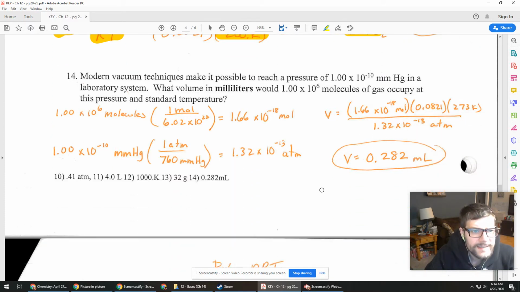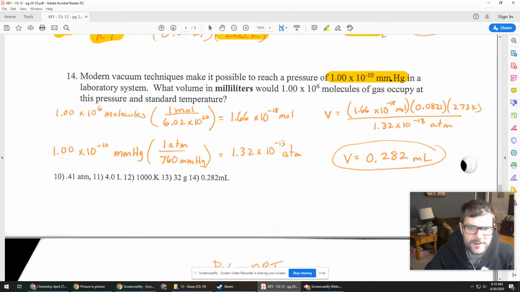Number 14 gets a little bit tricky with just the way the numbers look, but it's actually not that bad. So this is talking about when we pull a vacuum, how we can get really, really low pressures. So we can't get all the way to 0 pressure, perfect vacuum, but we can get pretty close. So here, this pressure is 1 times 10 to the negative 10th millimeters of mercury.